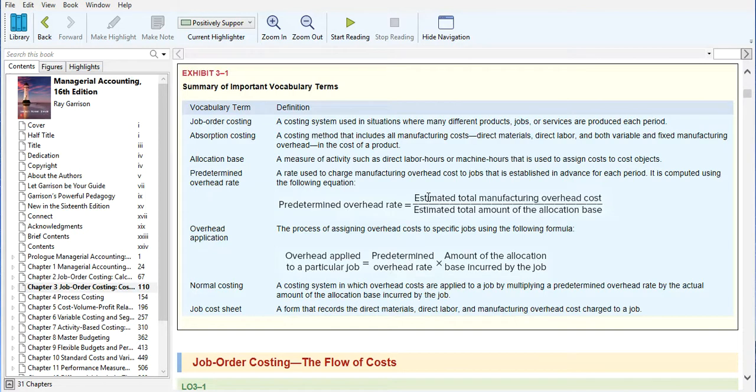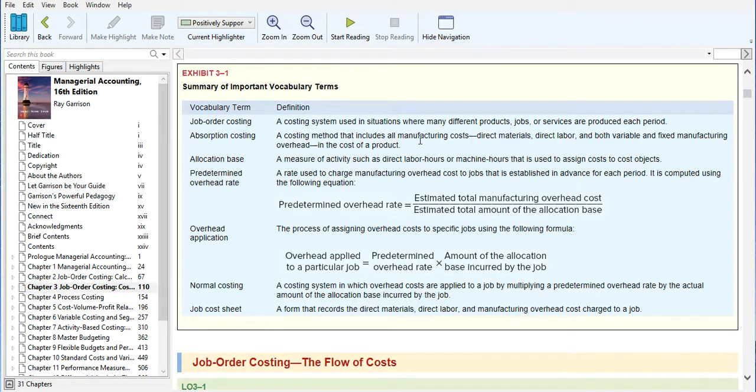So here are important terms. We've talked about all of these except absorption costing, and that's what we've been doing. Absorption costing considers the direct costs and the manufacturing overhead costs that go into the product. It considers direct materials, direct labor, fixed and variable manufacturing overhead.